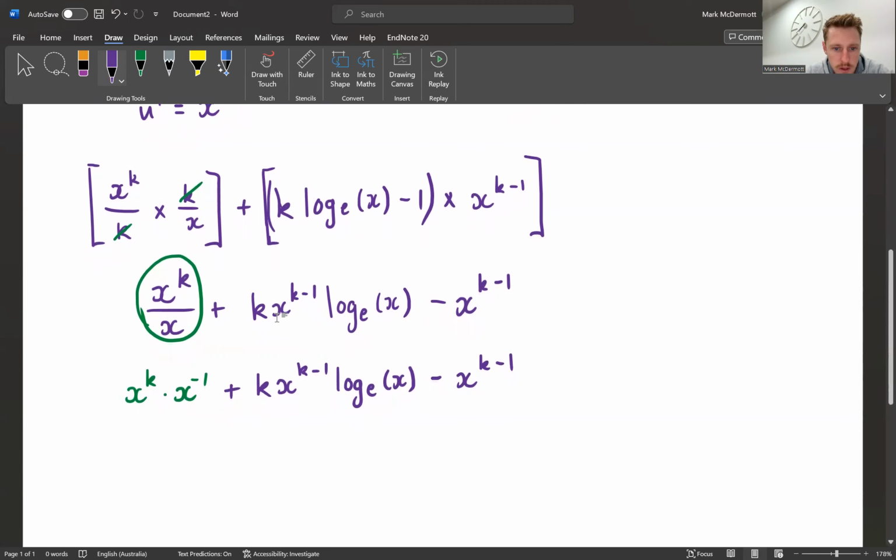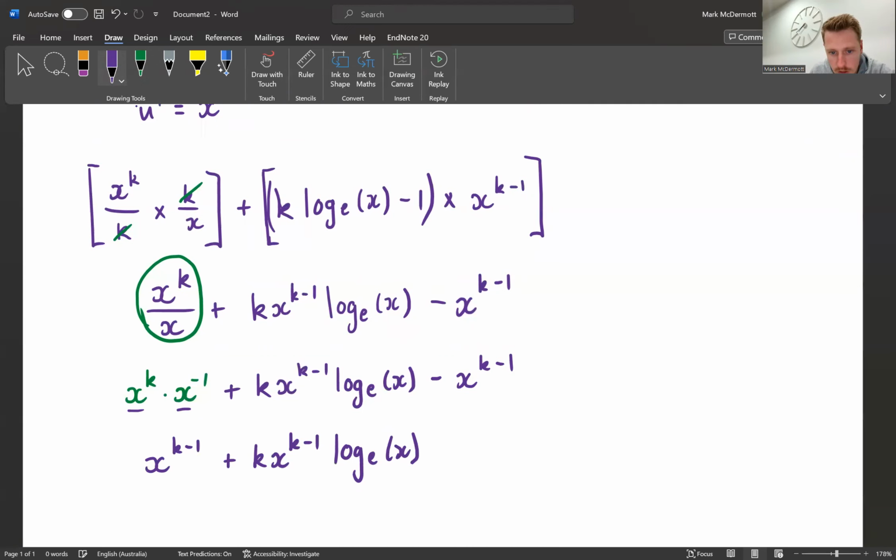We notice in this first term that we've got the same base but different powers, and that's just one of our index laws. So that can just become x to the k minus 1 plus k x to the k minus 1 log base e of x minus x to the k minus 1.